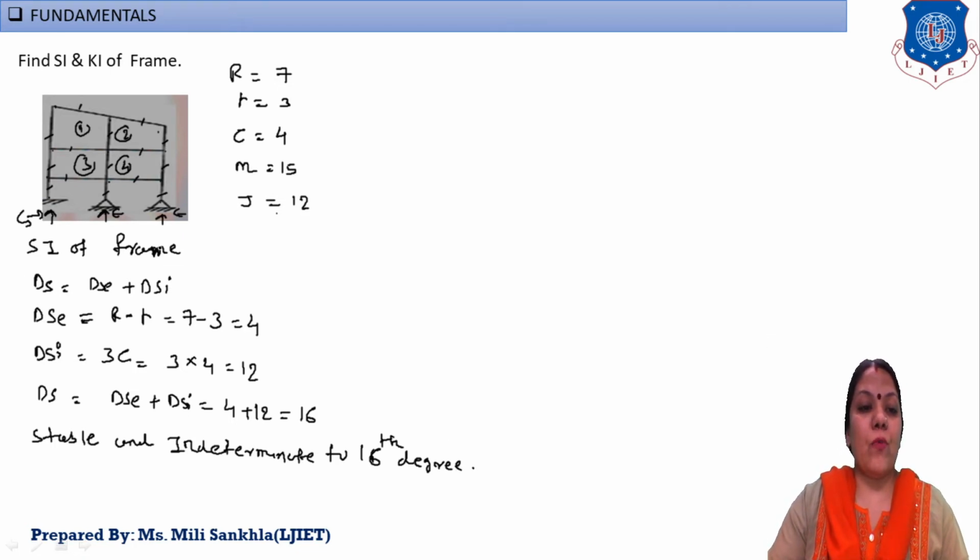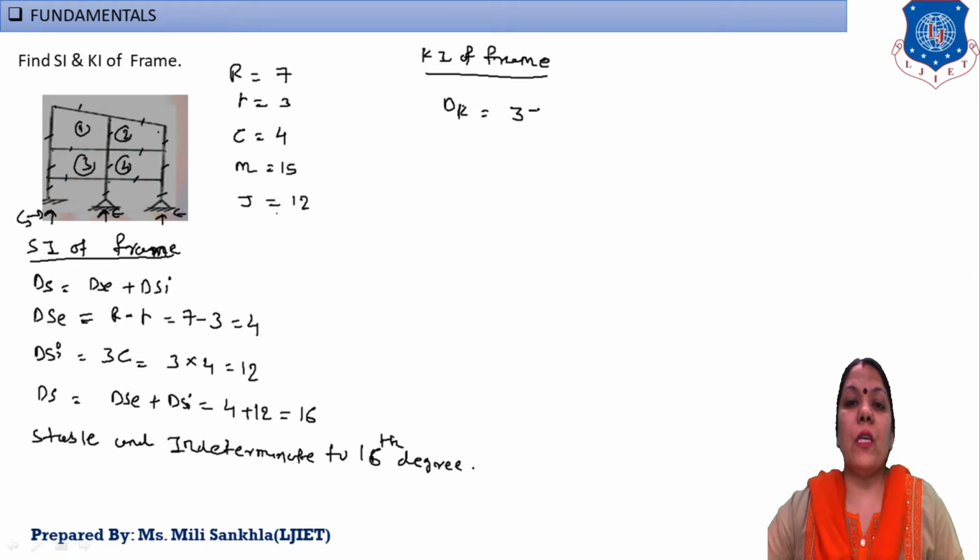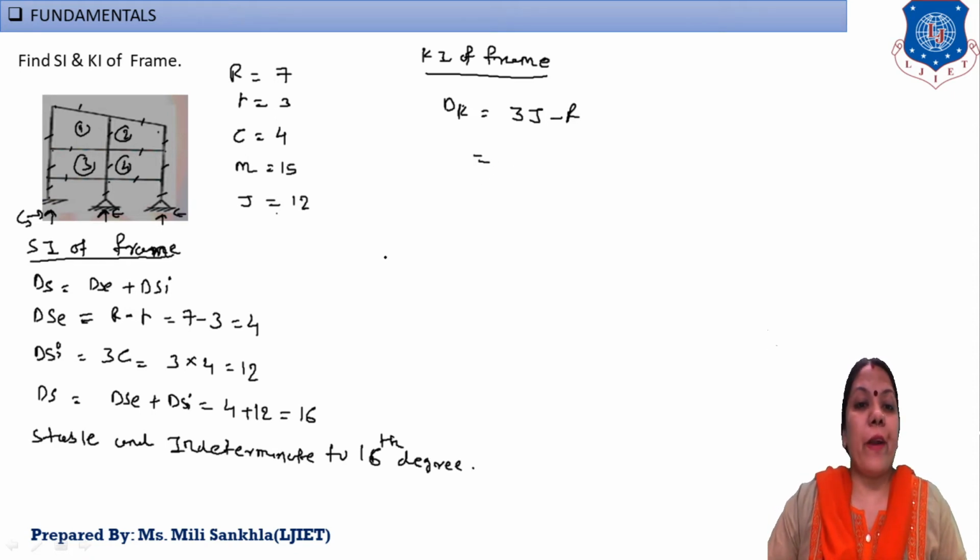Now we find out KI of frame. What is the equation of KI of frame? KI of frame is equal to dk is equal to 3j minus r. Now we already found the values, so simply put in the equation.